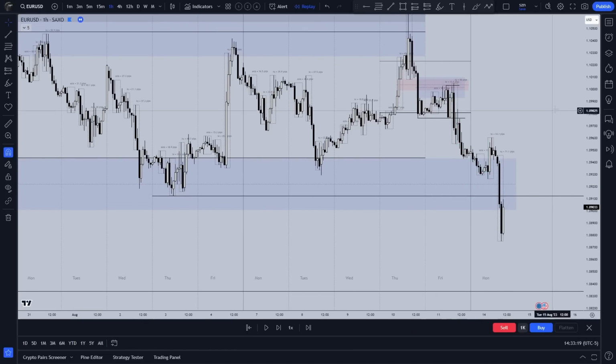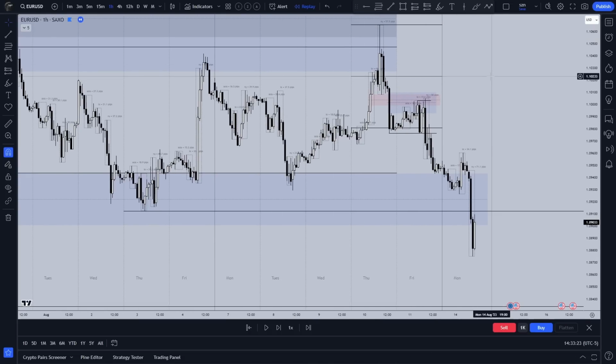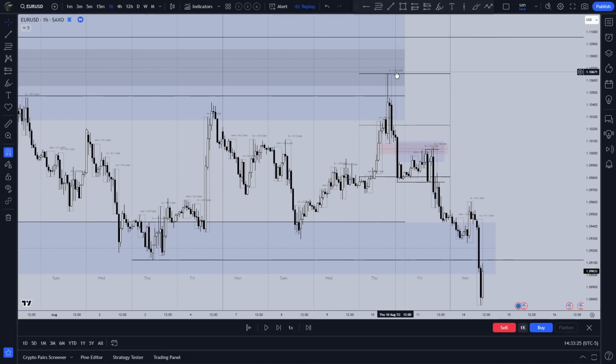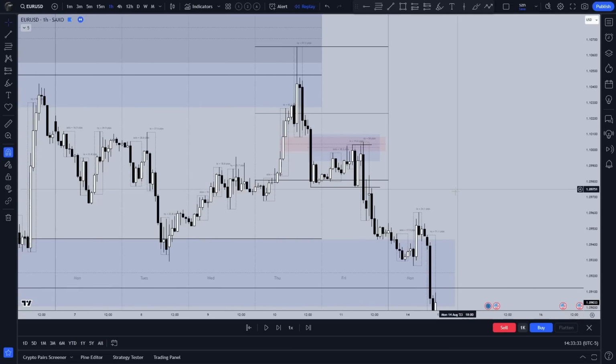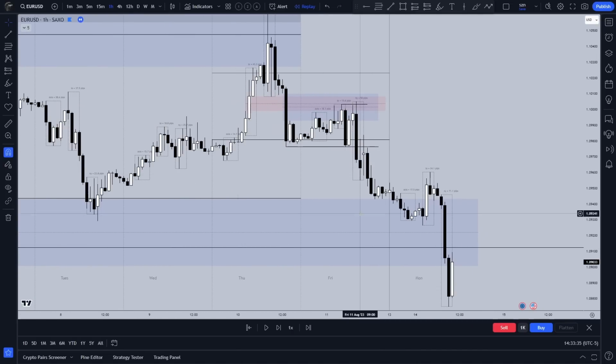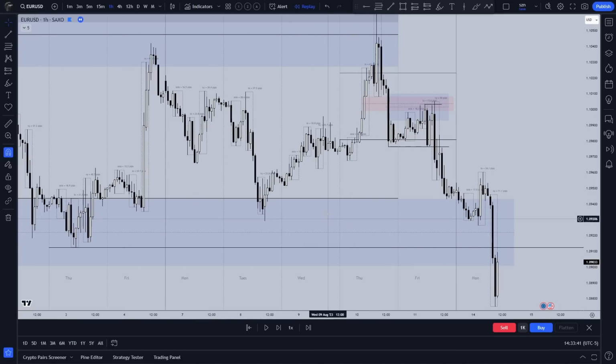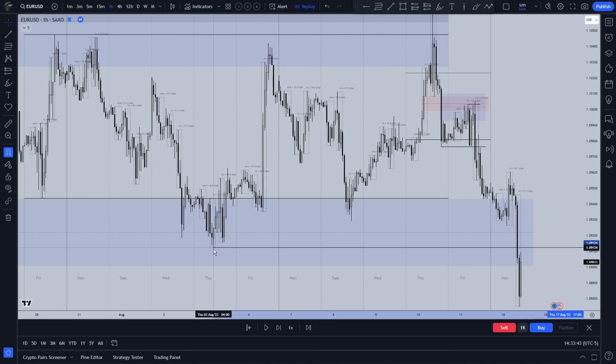So this would be one example for the H1 execution. And as you can see, I've used only the daily chart, and then I will find my daily PD array into an H1 POI, and then I used a combination of an intraday news event with a kill zone, and you can see then our price sold off into the levels I mentioned.